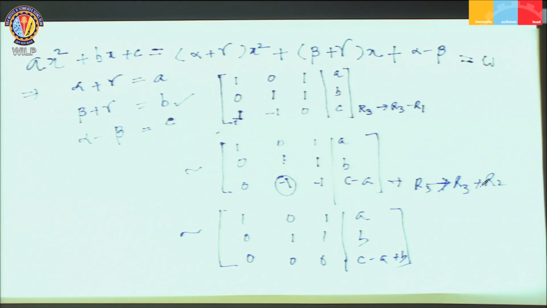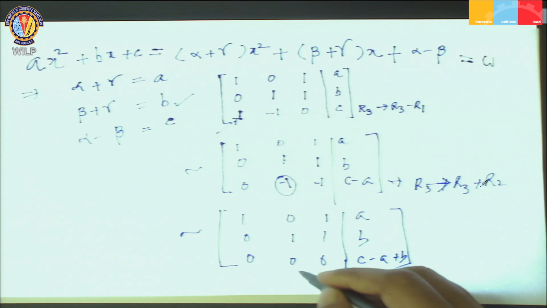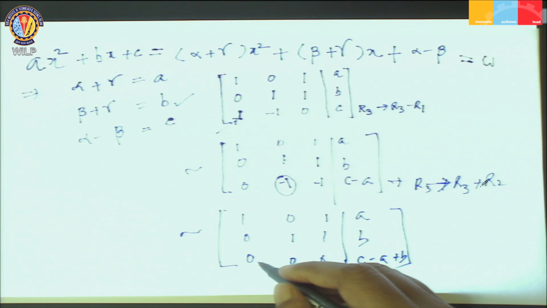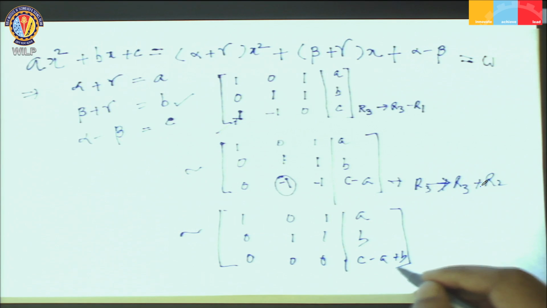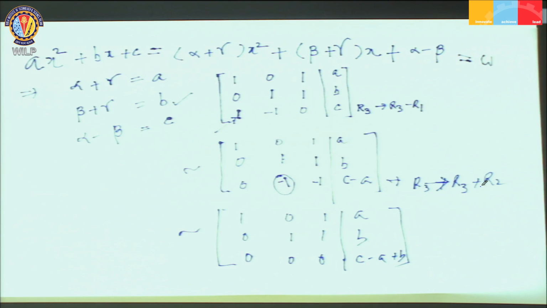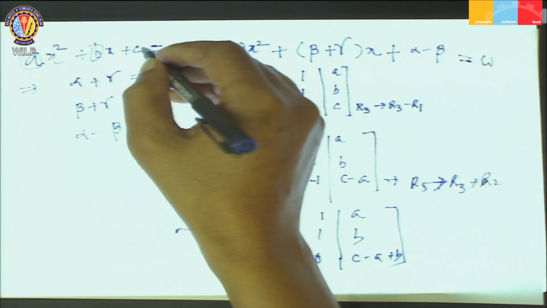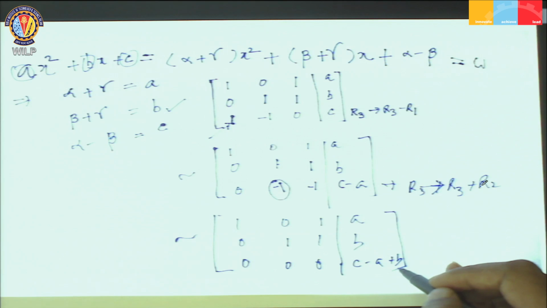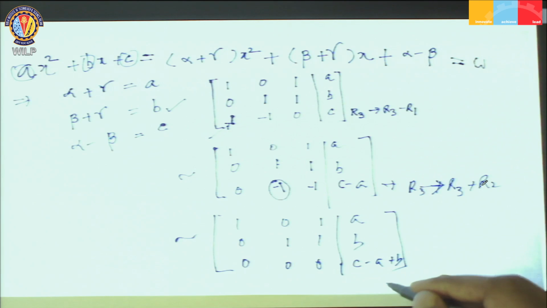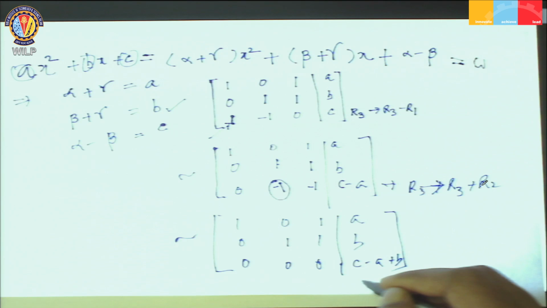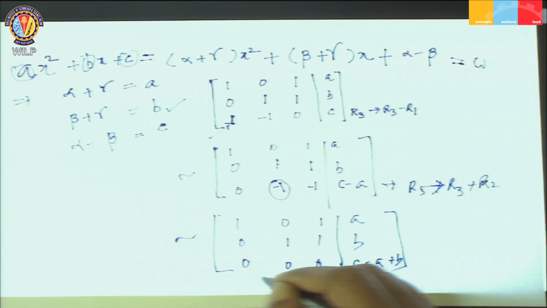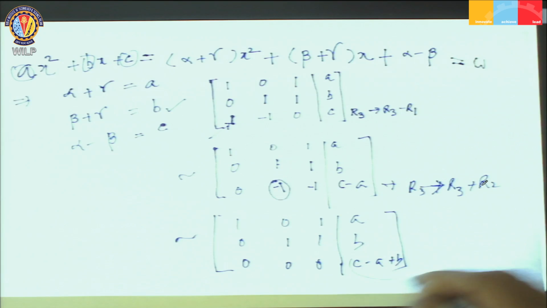Now look here, this is very important. This row is 0, 0, 0, so that is 0 into alpha plus 0 into beta plus 0 into gamma equal to c minus a plus b. This shows that the moment c minus a plus b is different from 0, and remember a, b, c are any real numbers, so c minus a plus b need not always be 0, the system is inconsistent. 0 cannot be equal to a non-zero quantity.